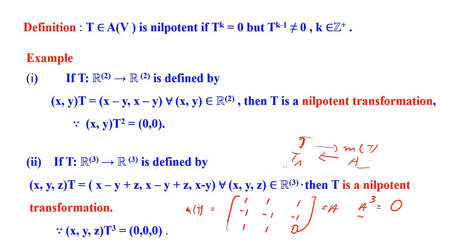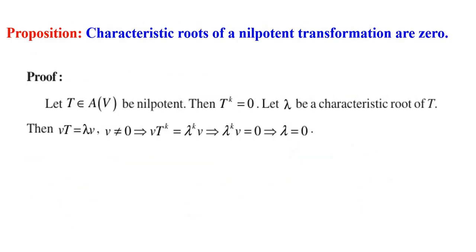So that is an easy way of checking whether the transformation is nilpotent or not. Then there is this property of the characteristic roots of a nilpotent transformation. You only have the characteristic root value to be 0. It is not a non-zero quantity.